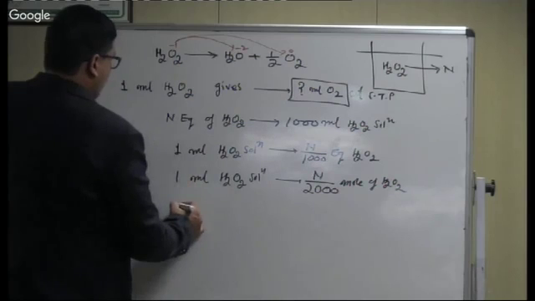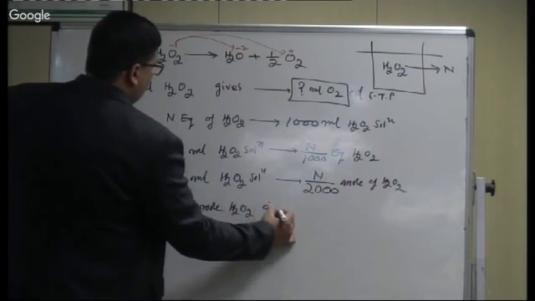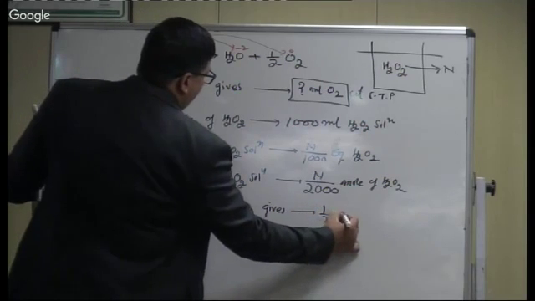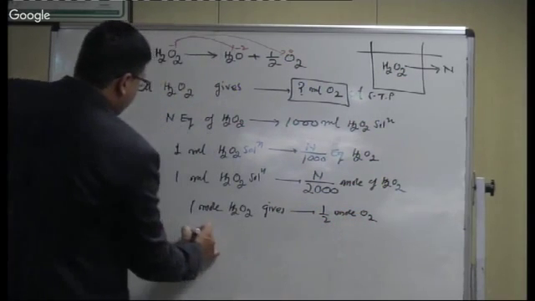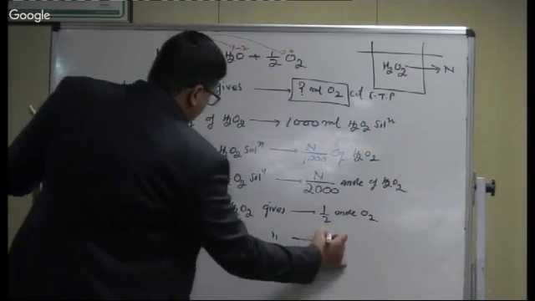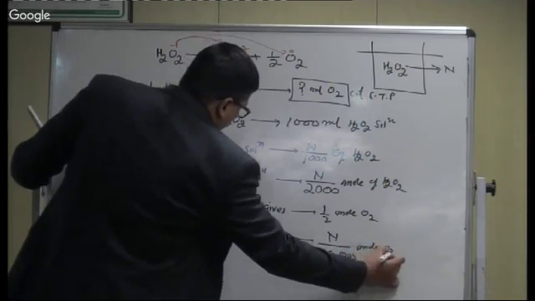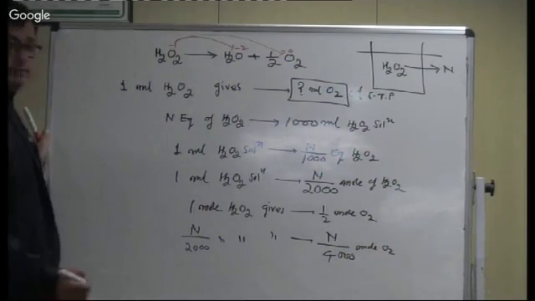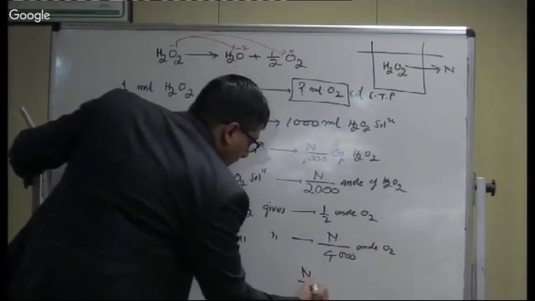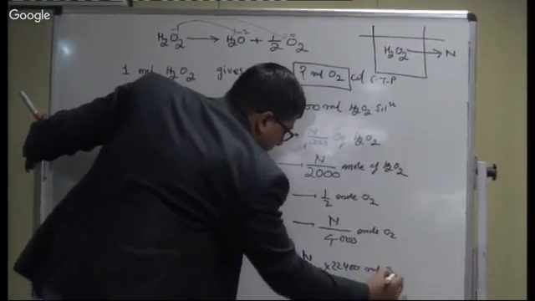So 1 mole H2O2 gives half mole oxygen. That means N by 2000 mole H2O2 will give N by 4000 mole oxygen. N by 4000 multiplied by 22400 ml O2.